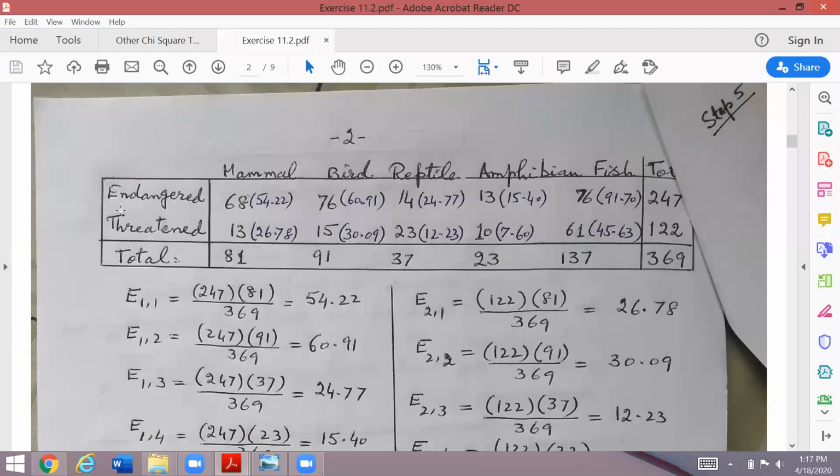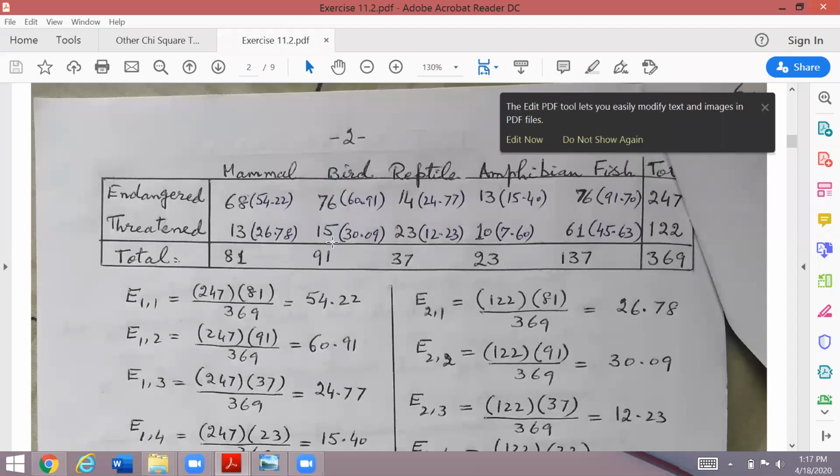First row and the second column. Now, my first row sum is what? This is 247. I'm going to calculate the expected value which is there in first row and the second column. So first row sum is 247. Second column I'm talking about, so the second column element sum is 91.